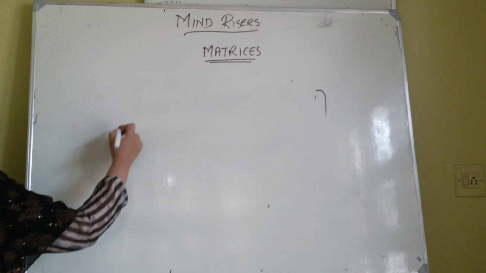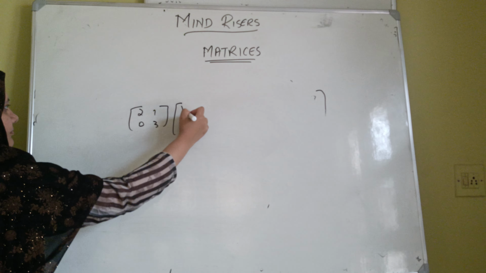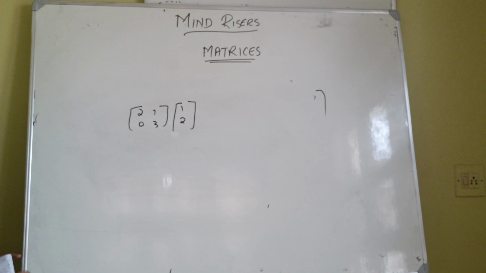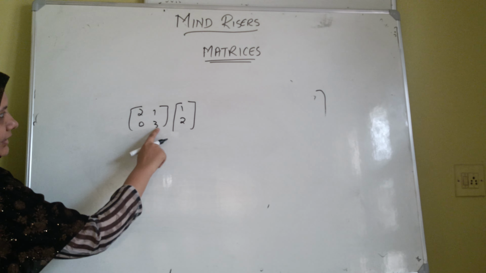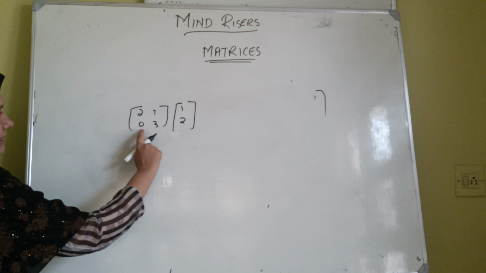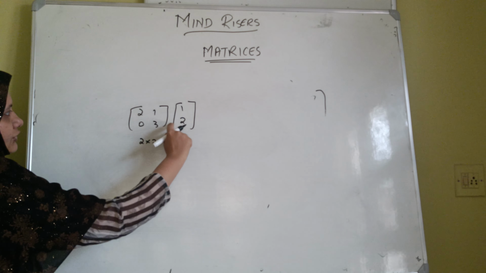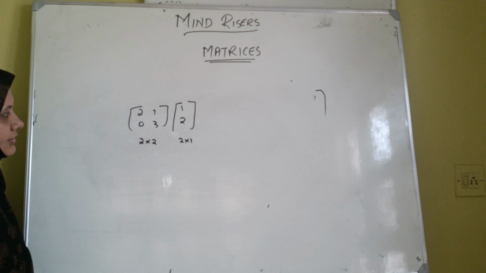In order to multiply a matrix with a matrix, first we need to check certain things. Now we need to always write down the order of both the matrices given. So order of this matrix is 2 cross 2, whereas the order of this matrix is 2 cross 1. So there are 2 rows and 1 column.